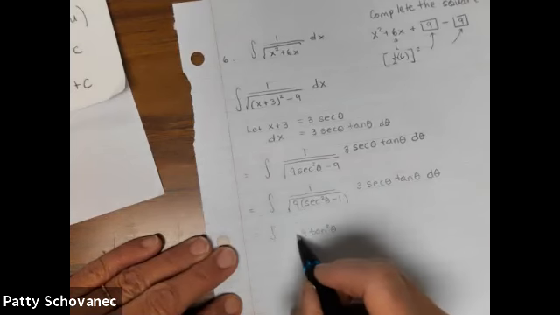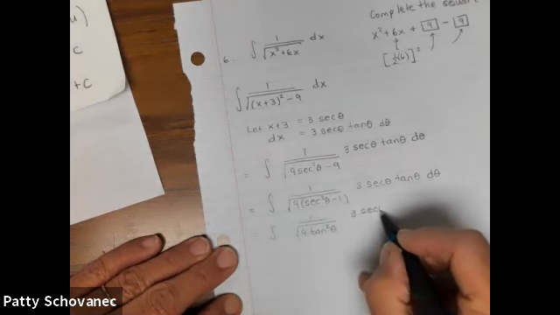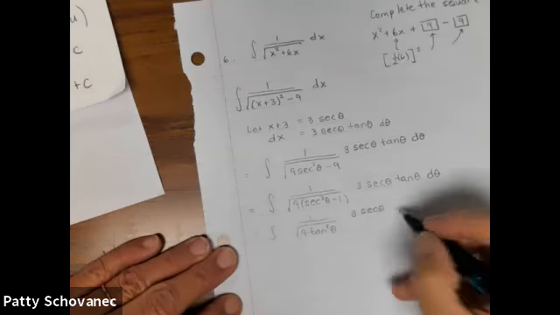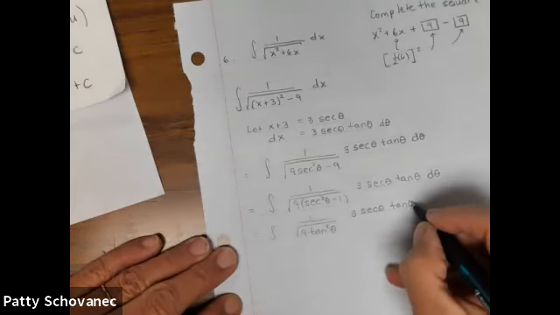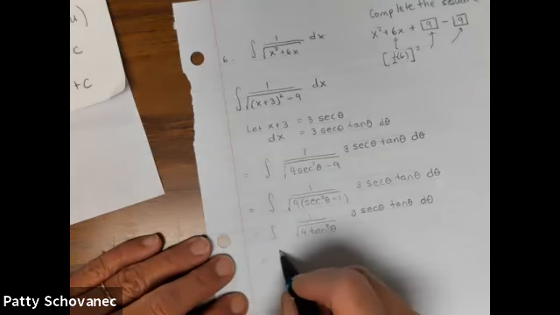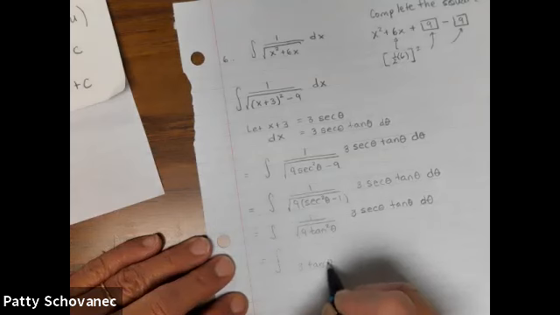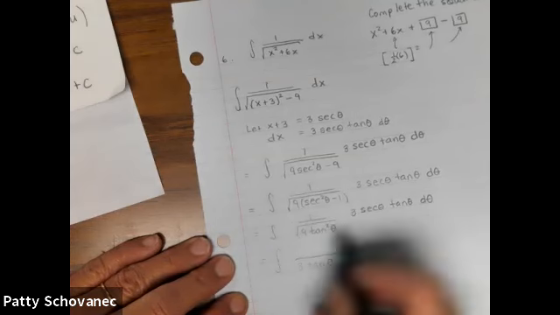But it's under the radical sign, so in the next step we'll take the square root of it. So I'm going to get 3 tan theta on the bottom. Let's just slide that over.